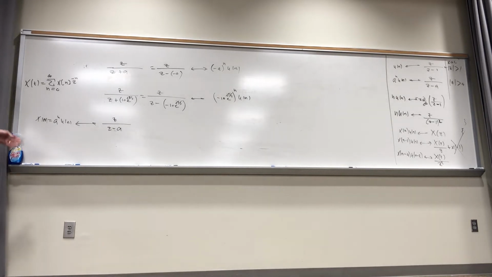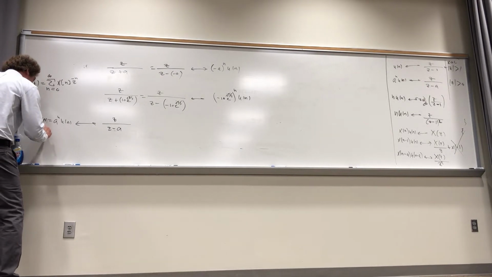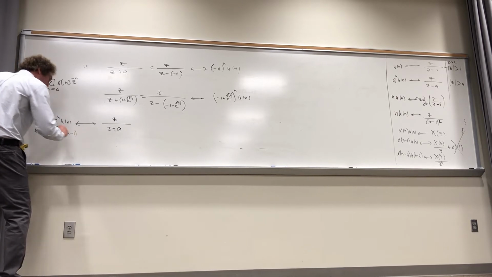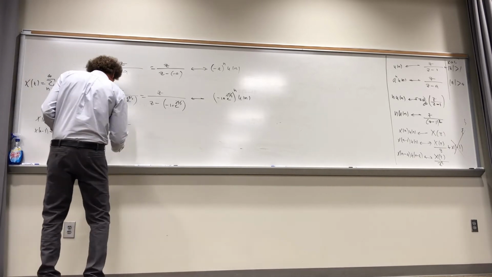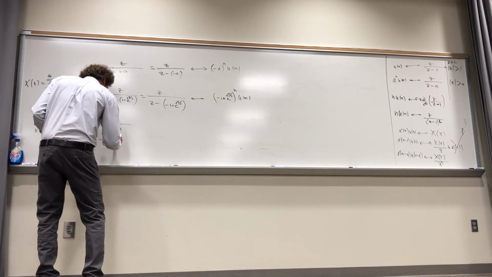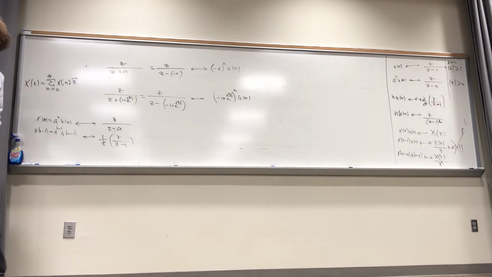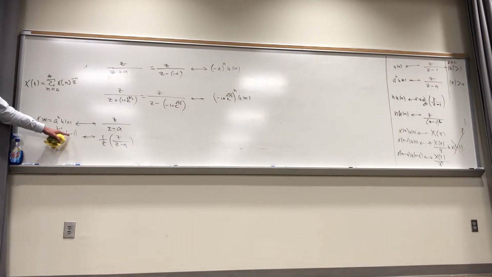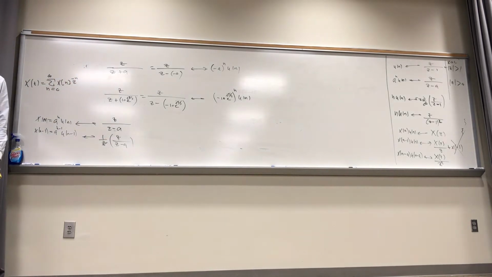Now, if all of a sudden I have x of n minus 1, that's like a to the n minus 1, u of n minus 1, right? And it's like taking that function right there and dividing it by z, or getting rid of the z on top. How do you see this? So therefore I can say that a to the n minus 1, u of n minus 1, simply goes to 1 over z minus a. Are you with me?